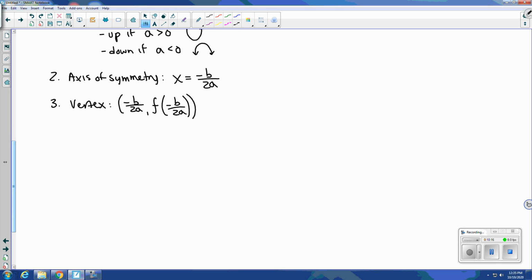Next, if we can figure out if it opens up or down, and we can identify the location of the vertex, then we will be able to identify the maximum or minimum values or locations for our parabola. So if it opens down, then you have a max. You have a highest point.